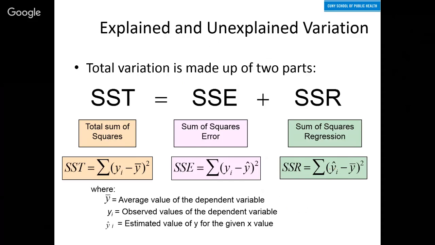So these are the predicted values under the linear regression model, the y hat, minus the mean under the intercept only model. I'm using y bar to mean the overall mean of y, and y hat to mean the predicted values of y at each value of x.